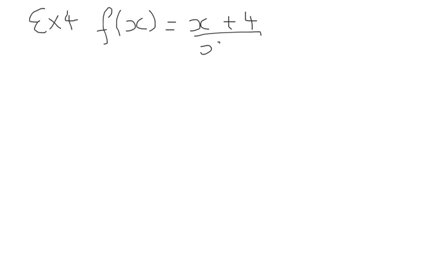Example 4. We have f of x equals x plus 4 over x subtract 2. Again, we need the derivative of the original function, which we'll have to do using the quotient rule.